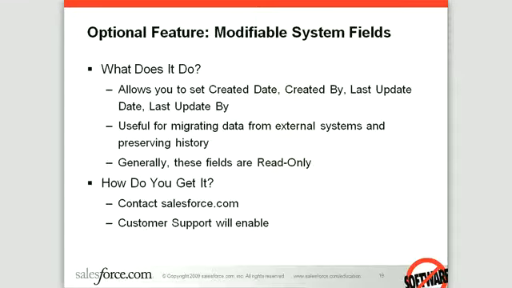Okay. So let's talk about what these things do. First of all, there's a bunch of system fields like created date, created by, last update date, and last update by. Let's say that we take a bunch of positions that already exist in some legacy system. By default, if we insert all of those positions into Salesforce, the created date is going to be today, and the created by is going to be the integration user that I used to insert those records.